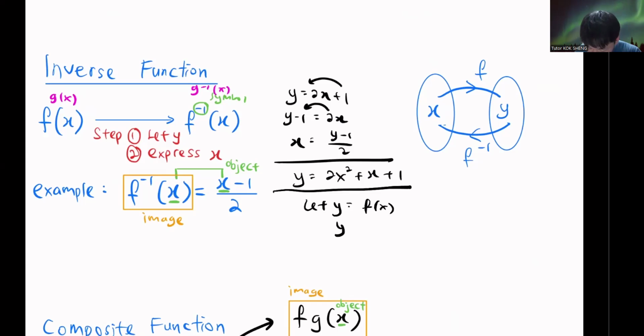Then you sub in your equation of f(x), for example like this. Then continue with step 2, which is you have to express x. So in the end, your answer is like this. This is the working to find the inverse.